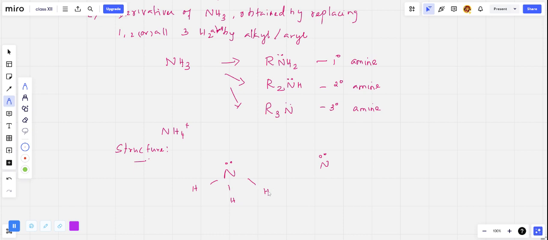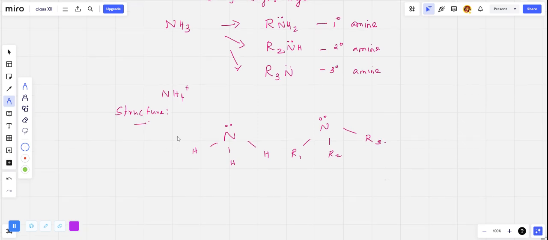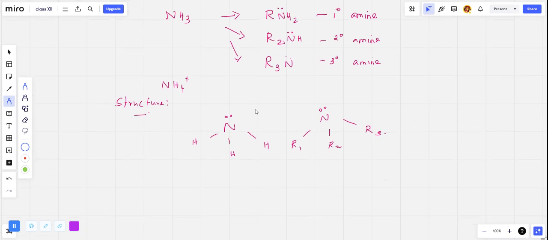The nitrogen in amines is trivalent and carries one lone pair of electrons. Oxygen contains two lone pairs, whereas nitrogen has only one unshared pair of electrons.